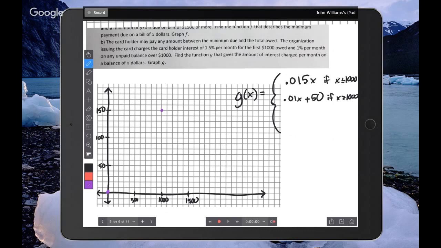And at that point, it changes slope and continues to go up, only up 1 for 1. Cool. There it is. Questions on number 5?